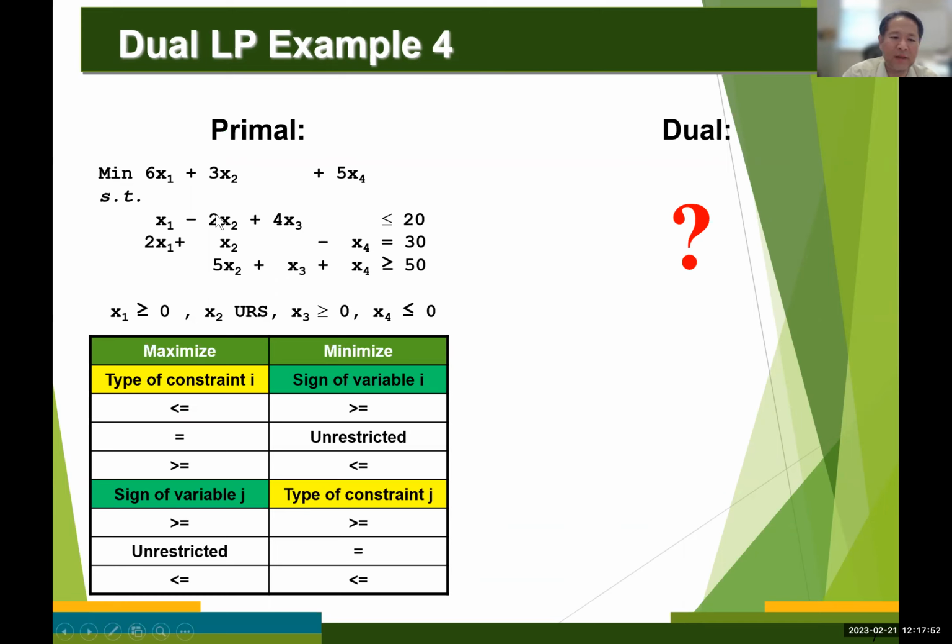Of course, the given primal LP is not the primal LP in the symmetric primal dual pair because it's a minimization problem that has equality and also less than or equal signs. And some of the decision variables are not greater than or equal to 0, right? So obviously we need some help from this conversion table for constructing the dual LP.